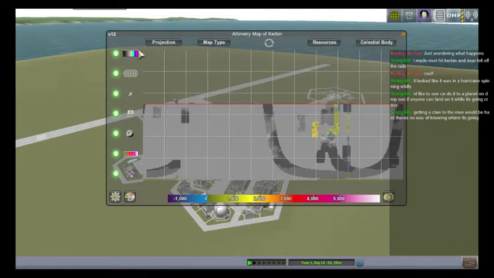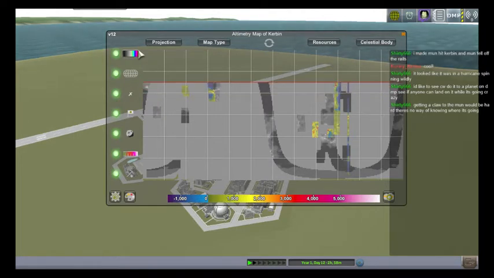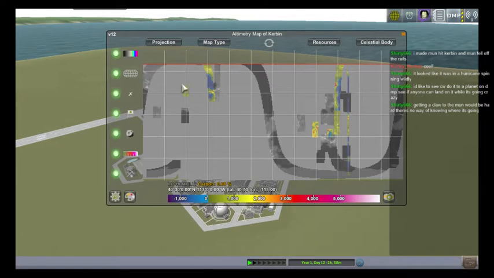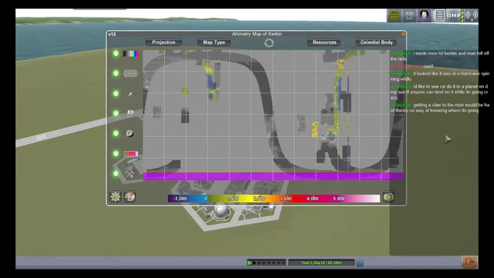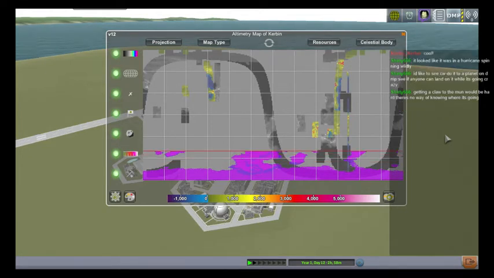Now, this doesn't look quite so clean because I was having a few issues with ScanSat. But if we flip to resources, we can take a look at things like ore and whatnot.